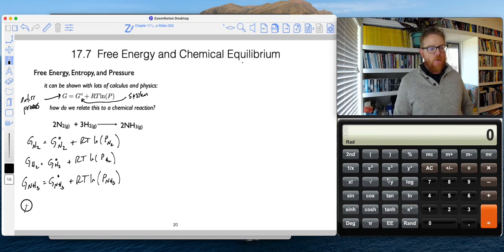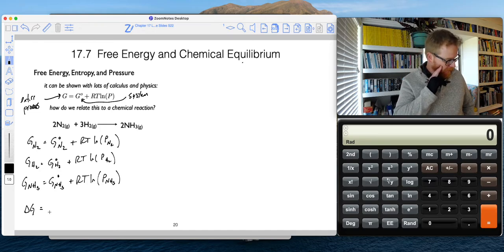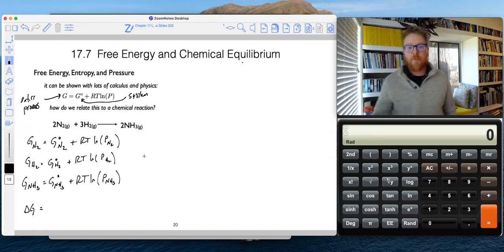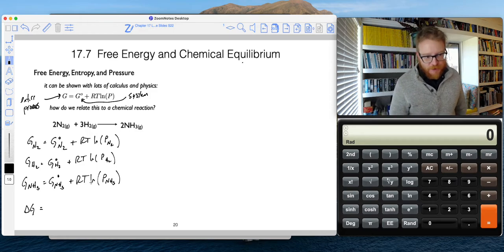Okay. So if I wanted to get delta G for this entire process, we recognize that that's going to be the sum of the products minus the sum of the reactants. So same thing that we did before. And not only is that the sum of the products minus the sum of the reactants for the chemical part, but also for the physical part, which is this RT ln P. Okay. So I could just write that simply as 2 times G of NH3.